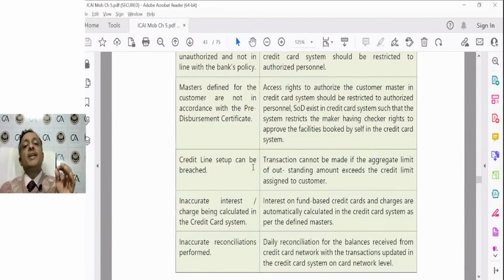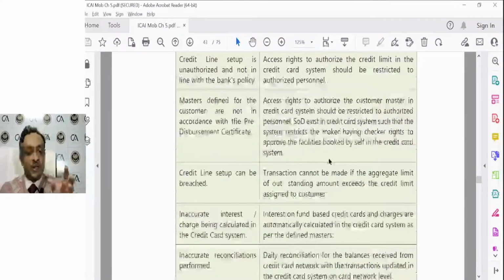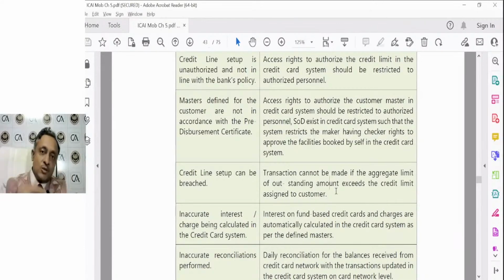Transaction cannot be made if the aggregate limit of outstanding amount exceeds the credit limit assigned to the customer. Yes. In fact, every time you use a credit card, your banker sends an SMS to your registered mobile number. Let's say 500 rupees you have paid on the credit card, 500 is the total payment you have done, and 24,500 is the balance limit.